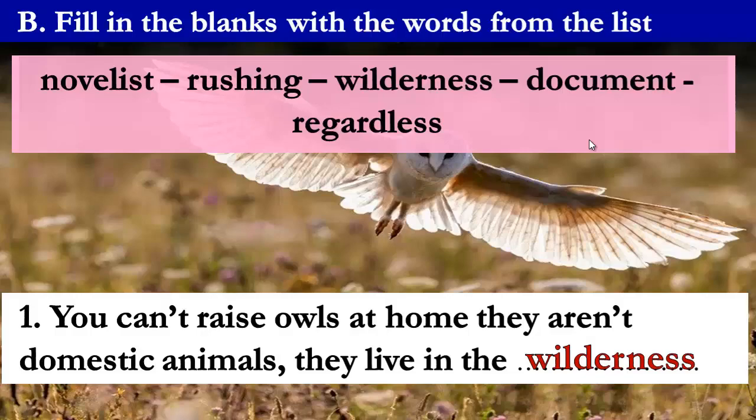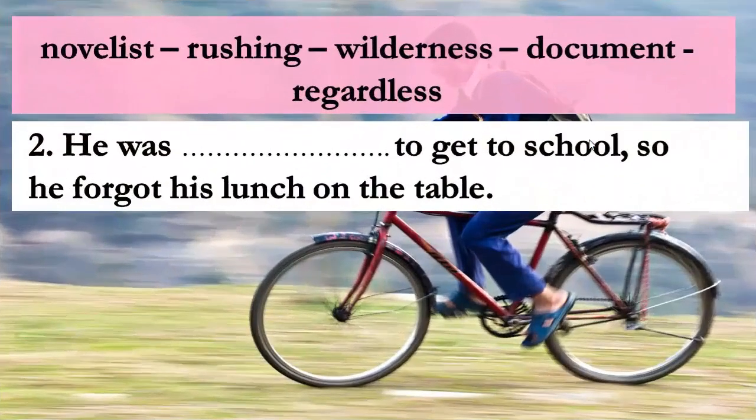Okay. Number two, he was to get to school, so he forgot his lunch on the table. So the correct word here should be rushing. He was rushing to get to school, so he forgot his lunch on the table.